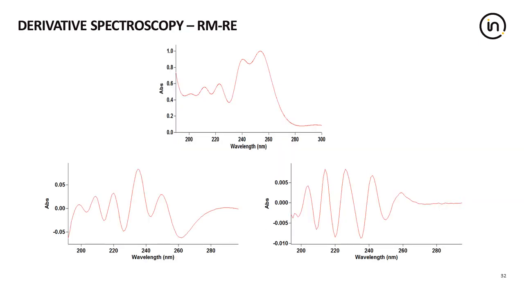The last thing I want to show, and that is not used a lot in industry, is derivative spectroscopy. In this case, I've done a UV spectrum between 300 and 190 of the RM mAb, which is a NIST certified standard. And I've done a first derivative spectrum just to pick out the actual peak distribution.